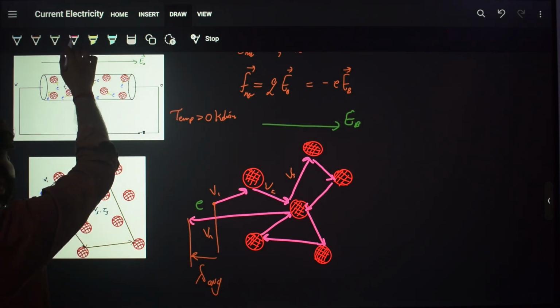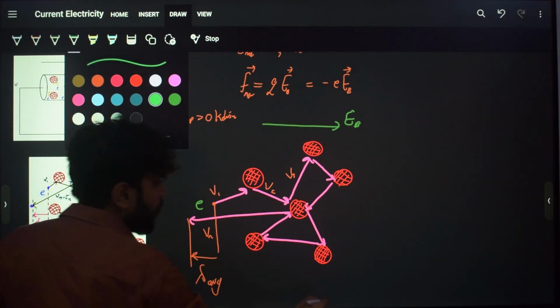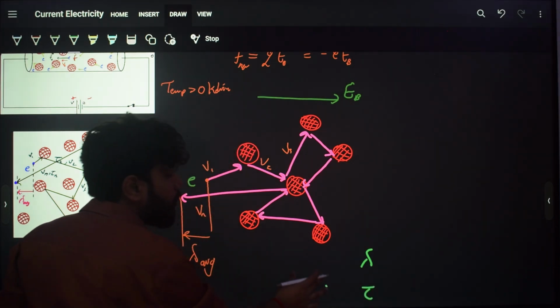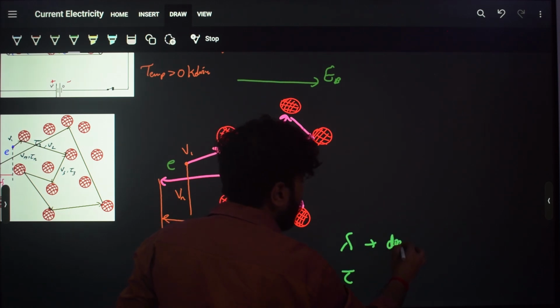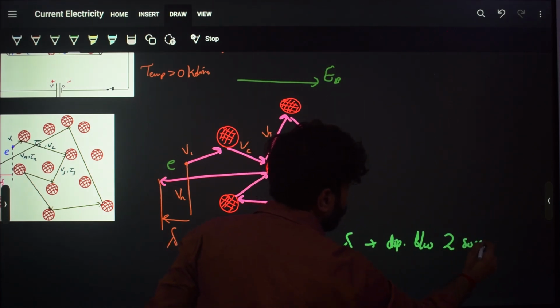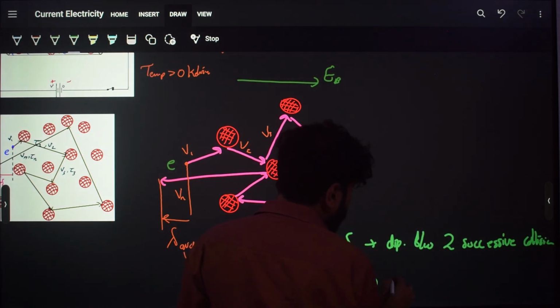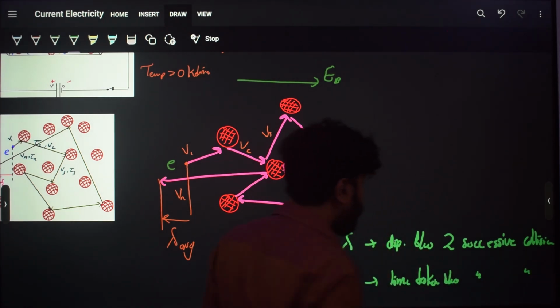Because of constant clashes with the kernels, first I will write the symbols here, lambda and tau. They have some meaning. Lambda is the displacement between two successive collisions, and tau is the time taken between two successive collisions.